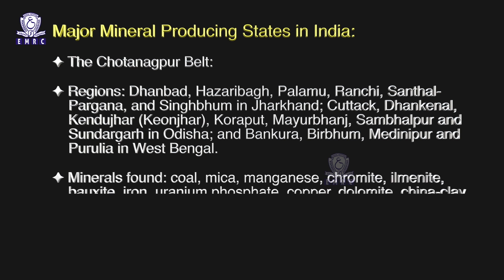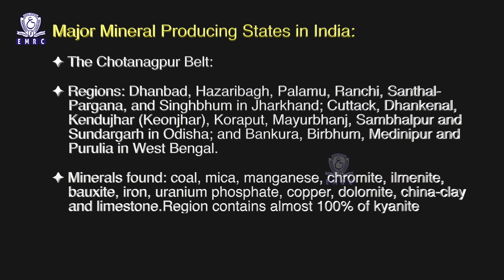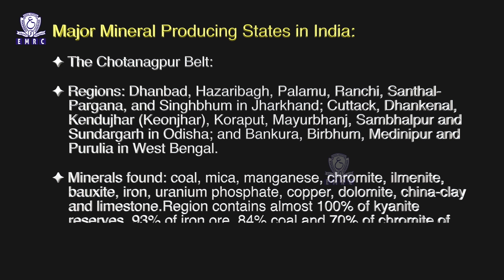The minerals found in this region include coal, mica, manganese, chromite, ilmenite, bauxite, iron, uranium, phosphate, copper, dolomite, china clay and limestone. This region contains almost 100% of kyanite reserves, 93% of iron ore, 84% of coal and 70% of chromite of the country.